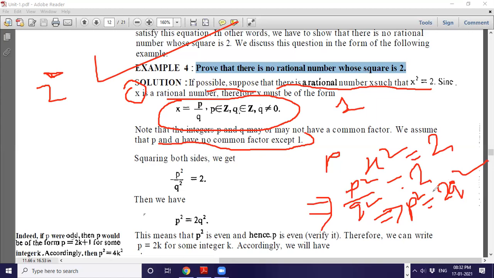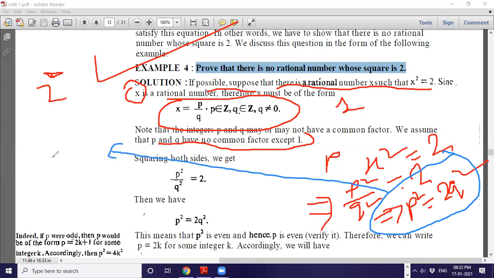Now, from this equation, what did we get? p square is equal to 2q square, right? From this equation, we got that p square is even. Yes or no? Because 2q square is a multiple of 2. So this p square is even.